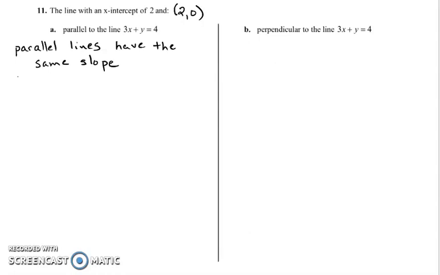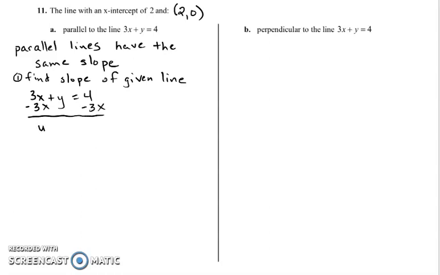So first, find the slope of the given line. So we have 3x plus y equals 4. And we're just going to subtract 3x from both sides.